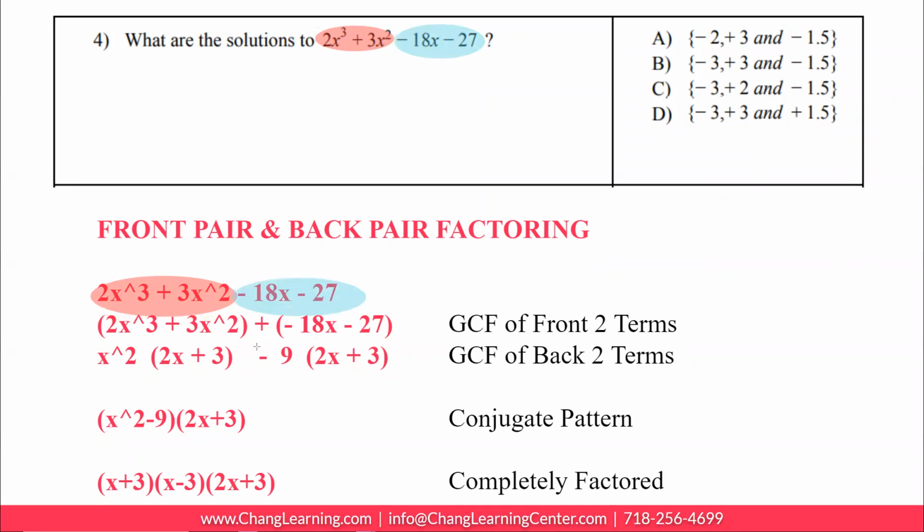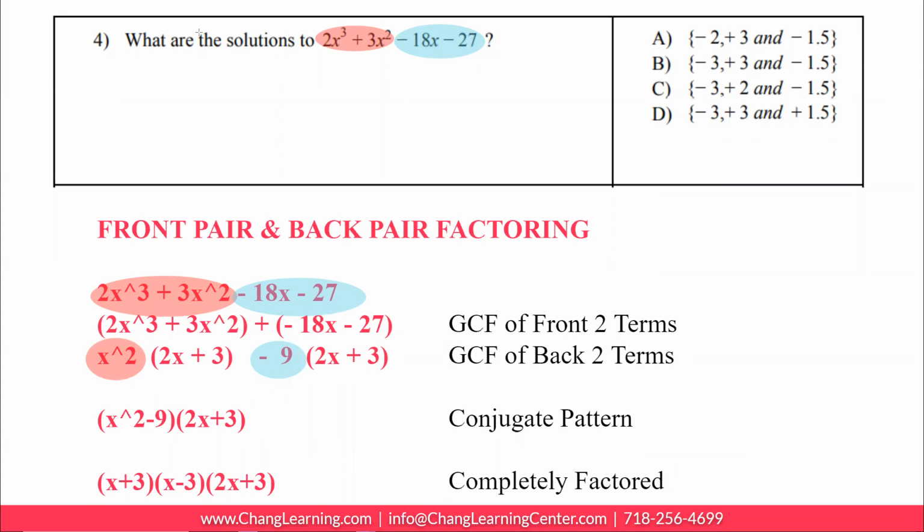The greatest common factor for the first two terms is x squared. If I move that out to the left from each of these two terms, I get x squared times (2x plus 3). For the back pair, the greatest common factor is -9. But lo and behold, I have the same binomial 2x plus 3 once I factor out that -9.